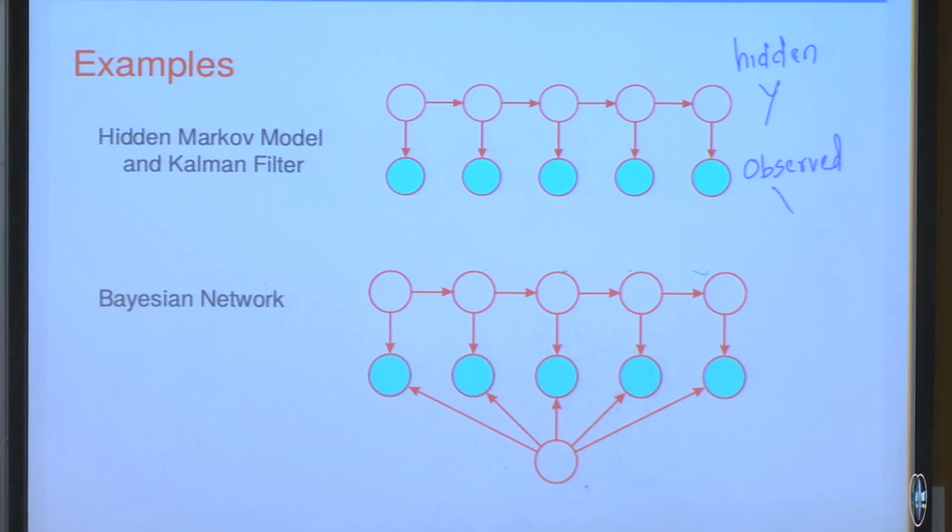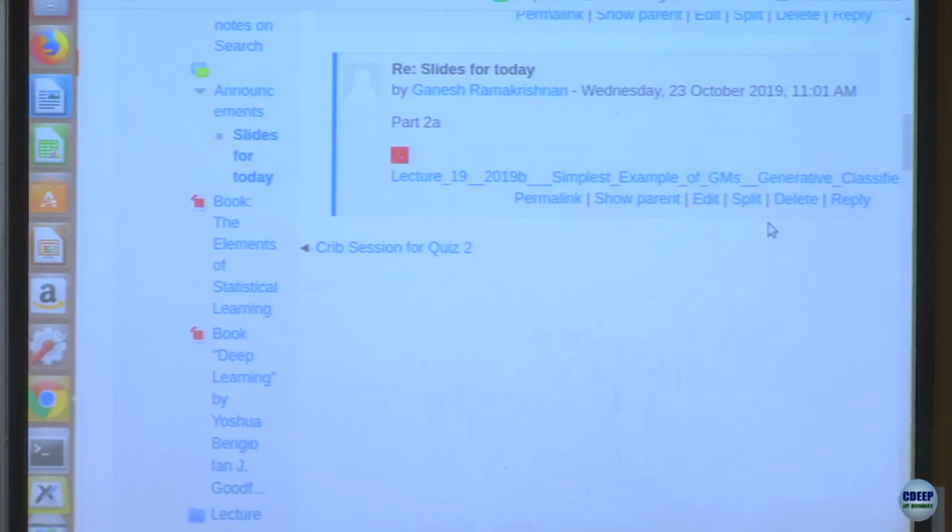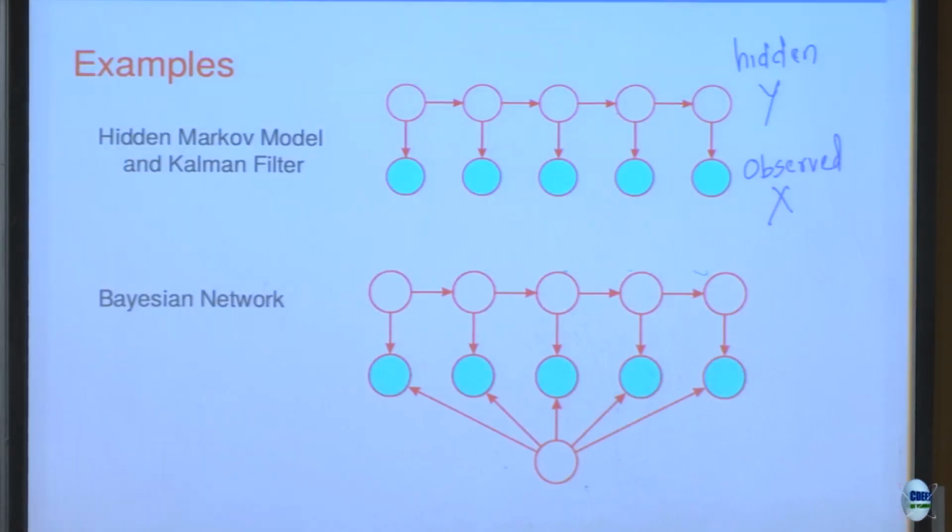Now this does not have any head-to-head node, it does not have any undirected cycles. So you could also treat it as an undirected graphical model. No cycles.